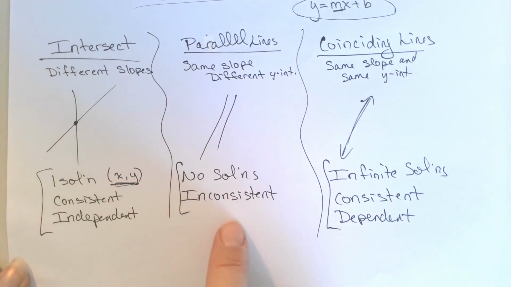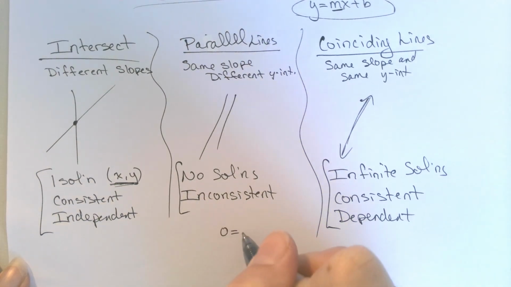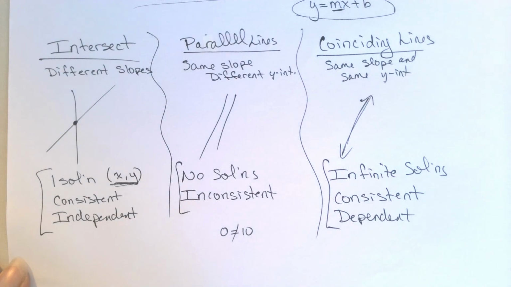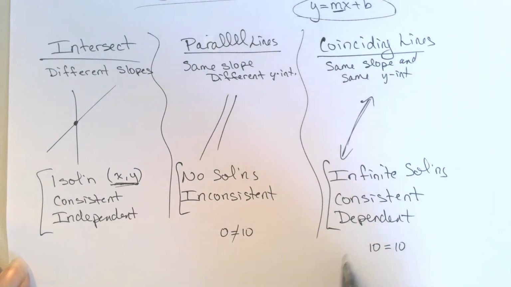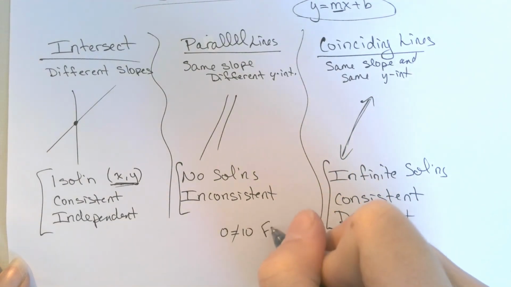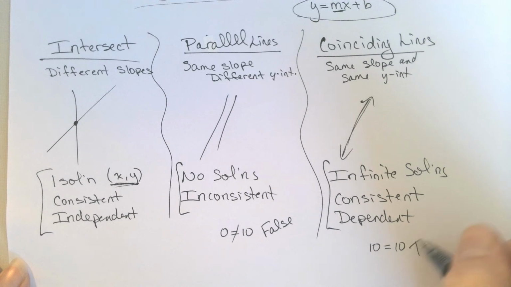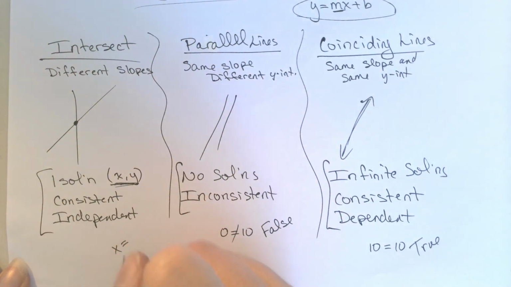If I get no solutions, that comes from my x and y canceling and me getting something like 0 equals 10, which is not true. If I get infinite solutions, that comes from something like 10 equals 10, where my equations always balance. So this comes from a false statement, this comes from an always true balance statement, and this comes from getting an x equals and plugging in for y or vice versa.